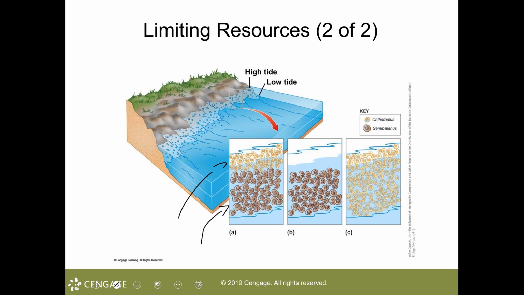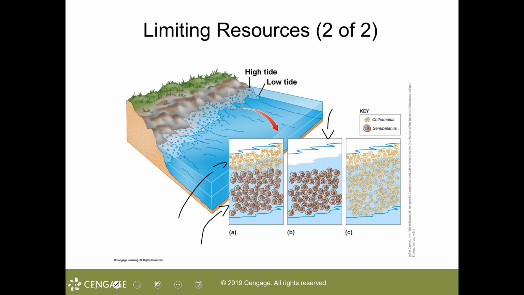In A through C, coming from figure 54.4 on page 1175, figure 54.4a shows the species of barnacles belonging to those two genera that grow in this intertidal zone. Now, to figure 54.4b.